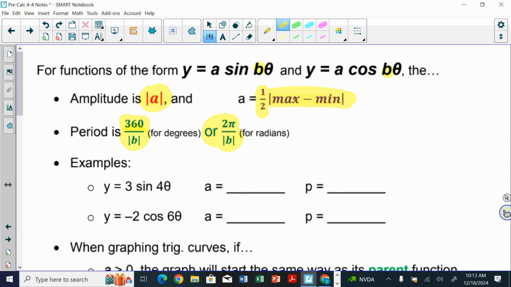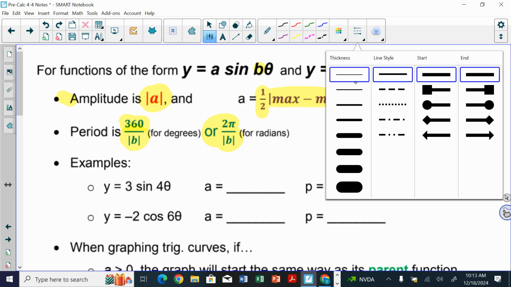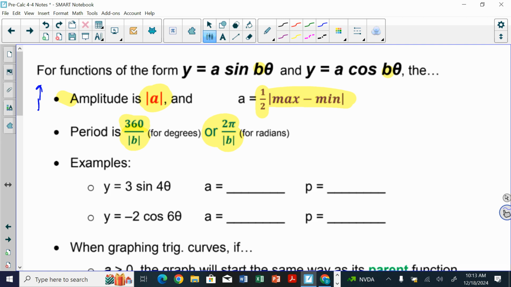So the period is how long the curve takes to repeat, and the amplitude is about how high or low it goes. This is how high and how low the curve goes, and this is how long the period is, okay?